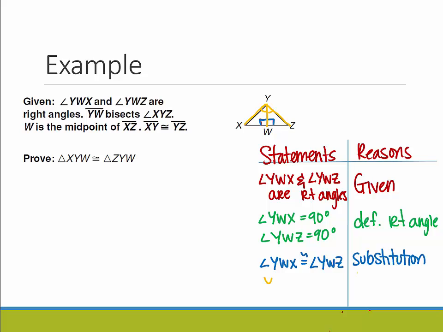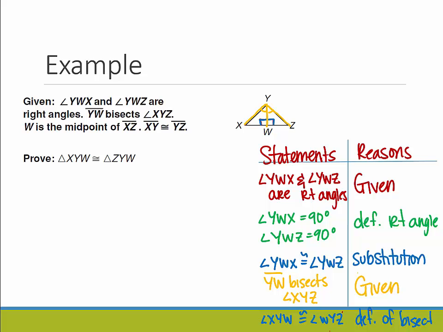So we're going to write the given down. Angle XYZ, and that one's given. But then because of that, we know that angle XYW has to be congruent to angle WYZ by the definition of bisect.